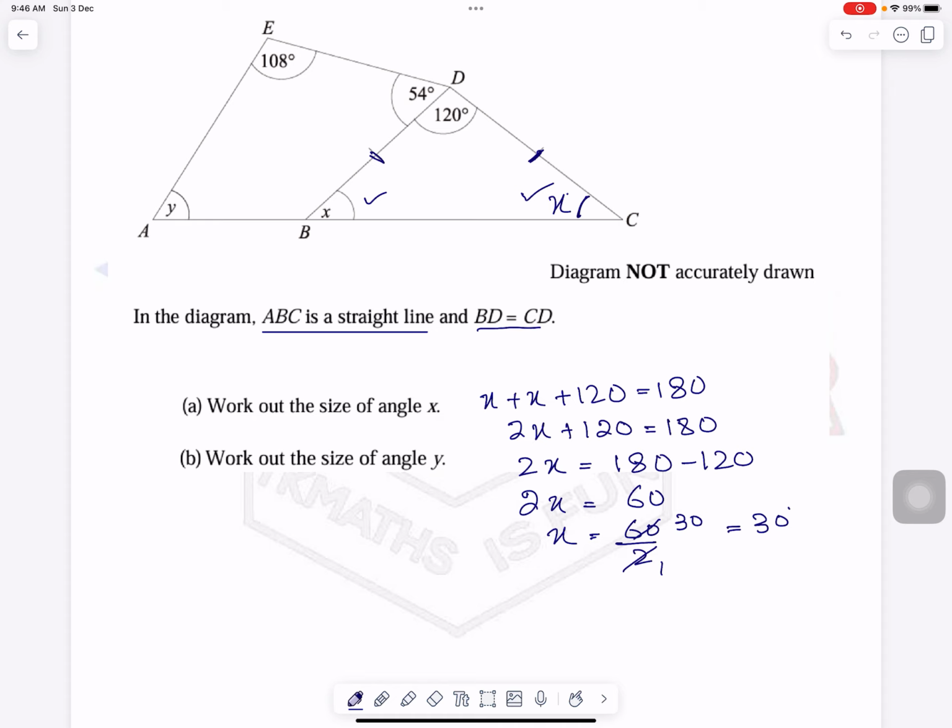And then the question is saying find the size of the angle y. Where is y? Y is on the other side, in the other polygon, the polygon which has 4 sides. How? If you see here 1, 2, 3, 4. So it has 4 sides. Do you know the sum of the angles of a polygon which has 4 sides? What is it called?